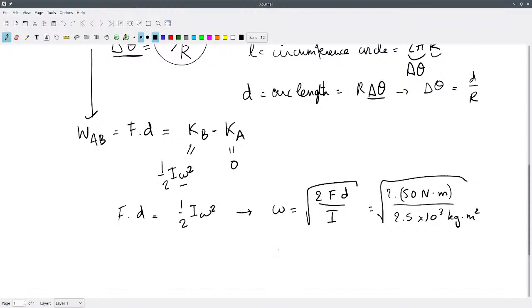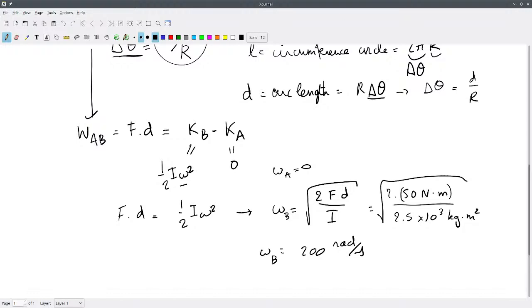If you plug in the numbers and calculate that expression, you'll find that this is 200 radians per second. So that's our final omega. In some sense, we can add b here, because omega a is equal to 0.